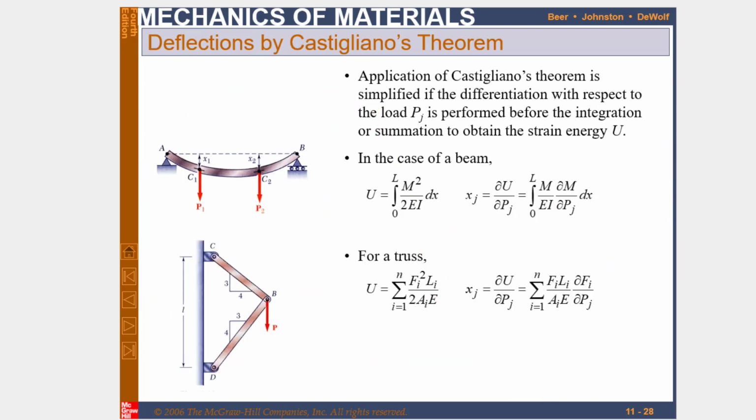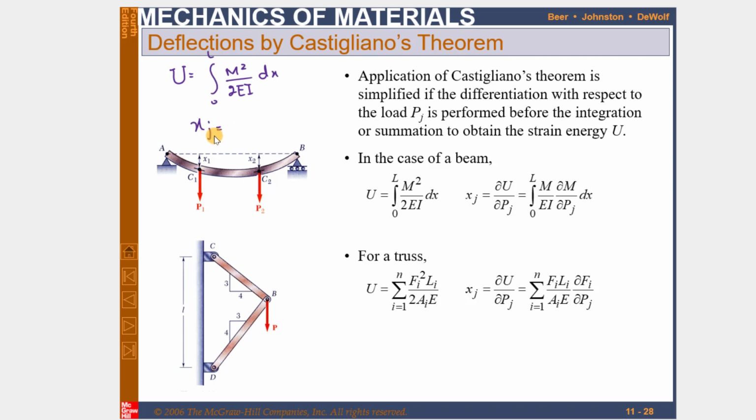Okay, so if you further extend the concept of Castigliano's theorem to a beam that is loaded by several loads P1 and P2, as we know the strain energy for a beam under normal load is given as M squared over 2EI dx, which we have discussed in part 1 of this chapter number 11. If you want to find the deflection with respect to any force, that is xj, j is a general term, you can let j start from 1 to however many loads.